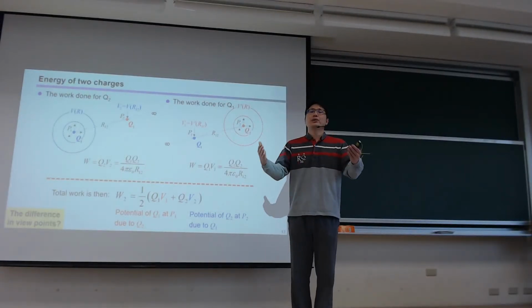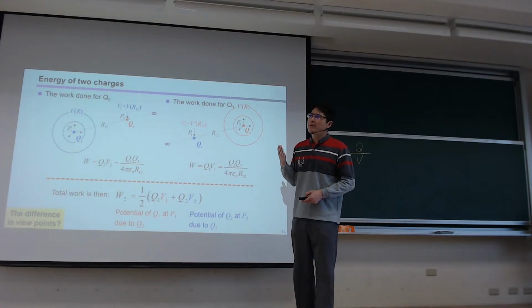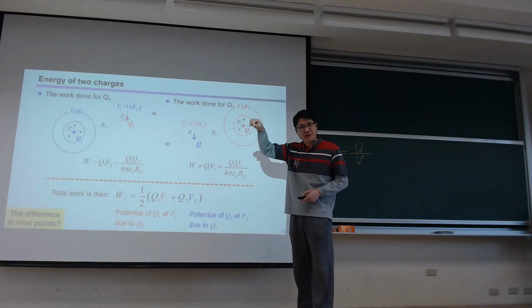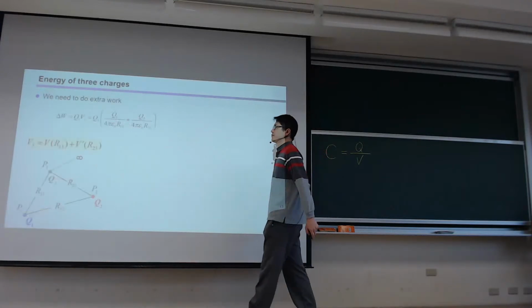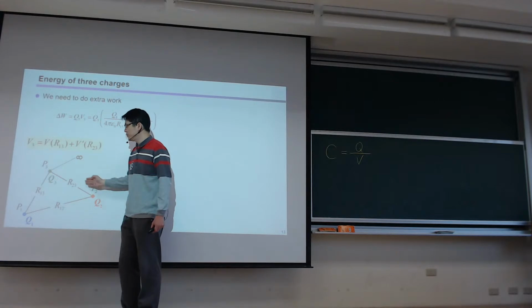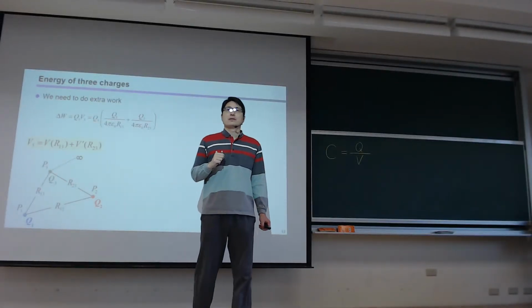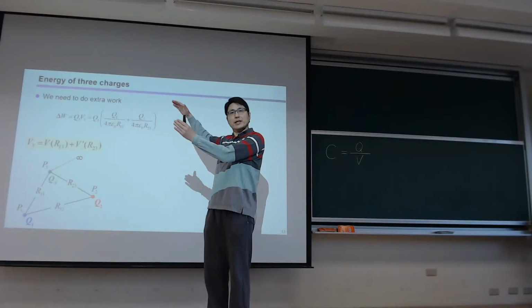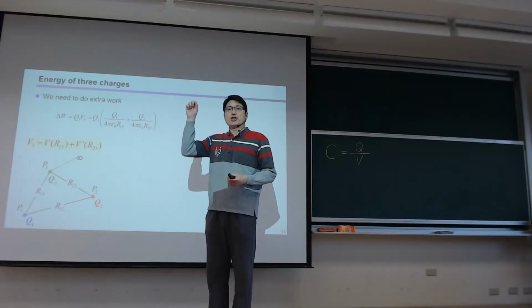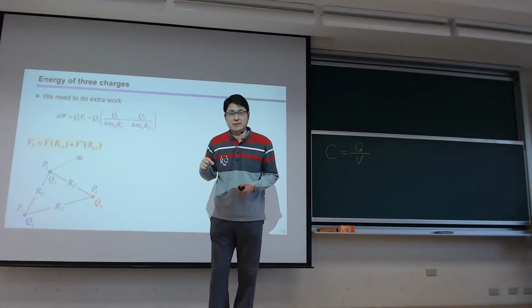So let's try to increase the complexity of the system. What happens if we have the third charge coming in? All right, so now I have charge 1, charge 2, and charge 3. Again, I'm still looking at this problem in a charge by charge coming in sequence.